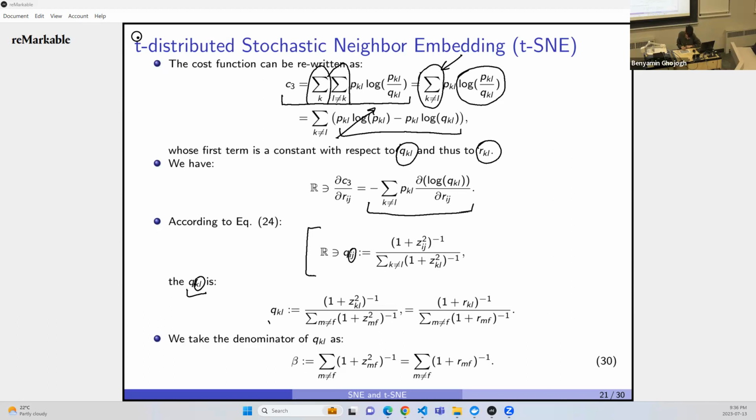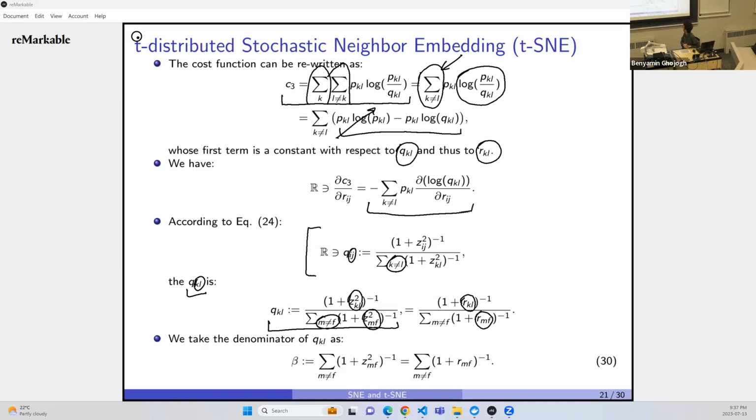I change the names of indices, and k not equal to L, I change to m not equal to f. Okay, guys, listen, this is important. And then what happens? I rewrite ZKL squared as RKL, ZMF squared as RMF, right?